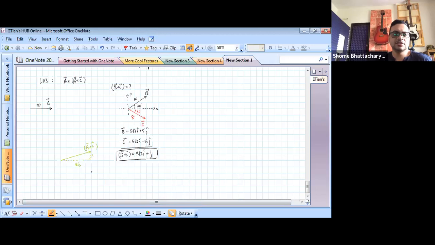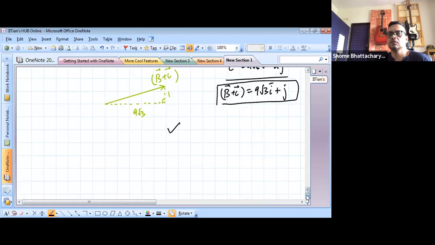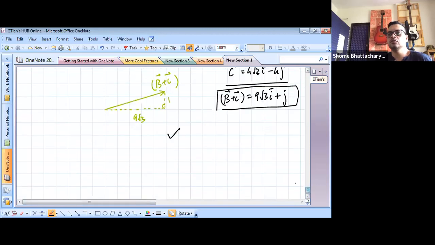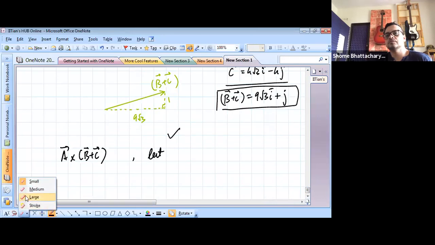Okay, so are we clear up to this step, everyone? This step, right? Okay, so now let's come back to our left hand side, so we want to do A cross of B plus C. So in this, just to make the understanding easier, okay, let's say that B plus C is a new vector D, suppose.